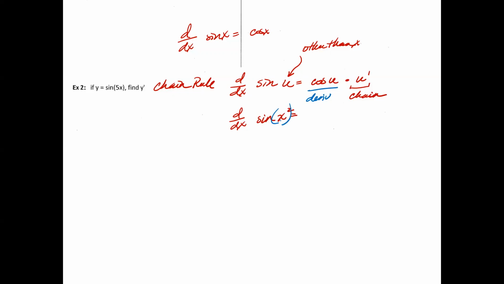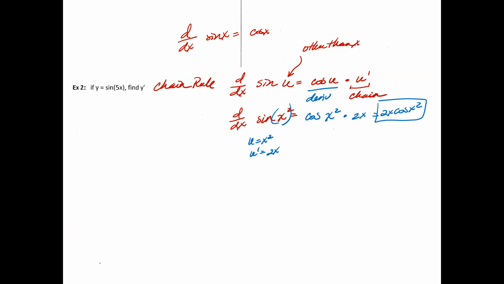Now, here my u is going to be x squared. So what's u prime? 2x. So the derivative of sine x squared is cosine x squared times the chain, which is 2x. And if I rewrite it, that's what I will have.